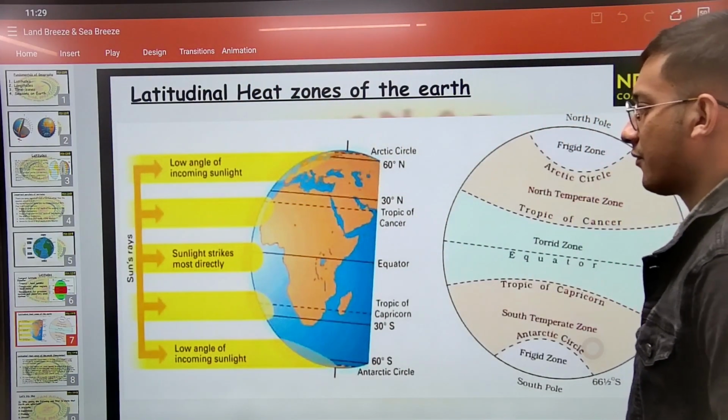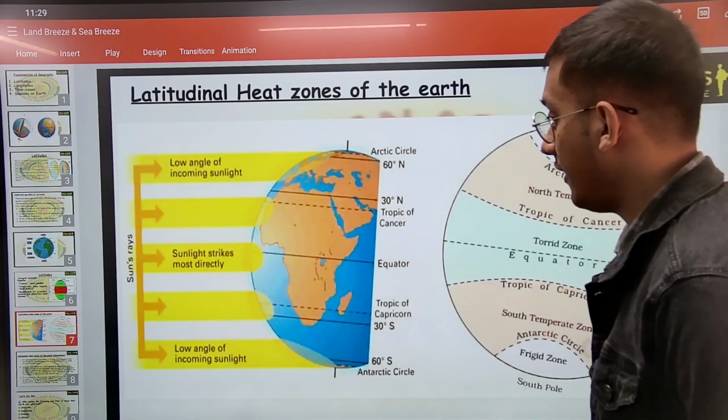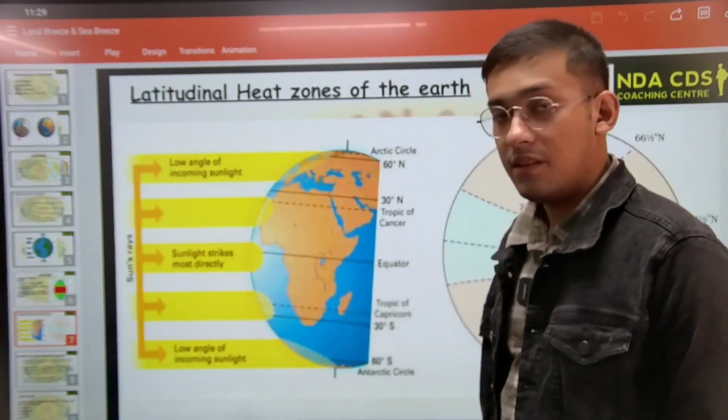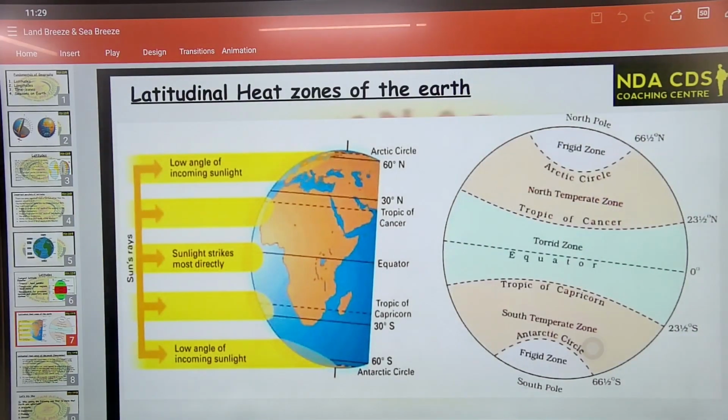We can see that in the tropics the sun strikes most directly, so tropics will always have heat surplus. Here there is an angle due to which there is heat deficit.